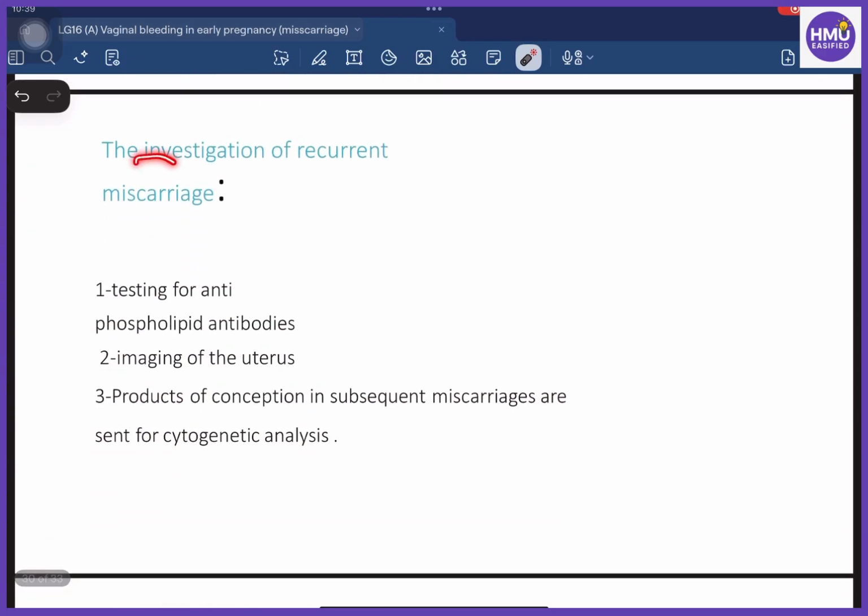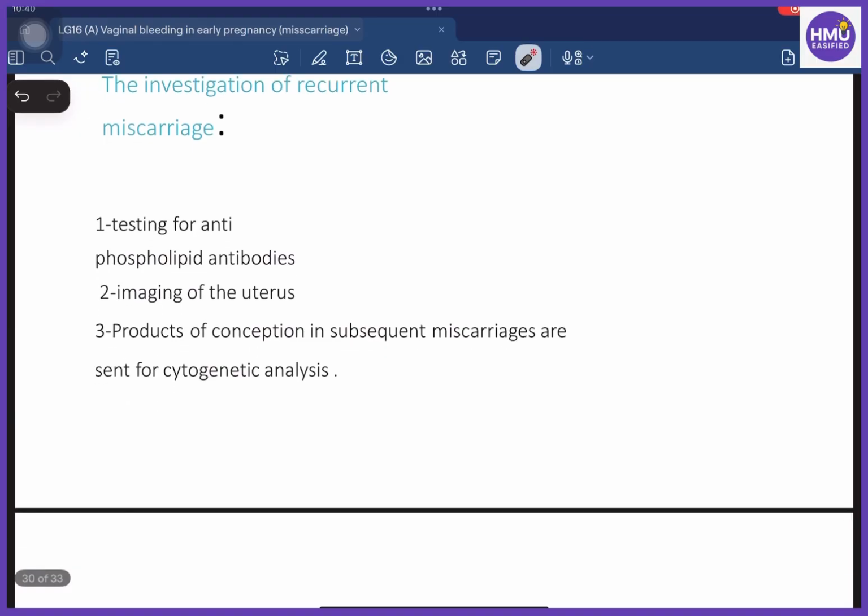So investigations: testing for antiphospholipid antibodies, imaging of the uterus to see congenital or acquired problems, and products of conception in subsequent miscarriages are sent for cytogenetic analysis, to know what's the reason for it and then treat it.